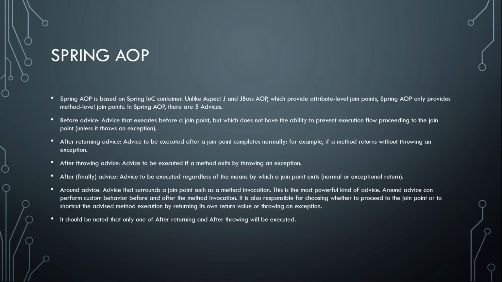It's also responsible for choosing whether to proceed to the join point or to shortcut the advice method execution by returning its own value or throwing an exception. It should be noted that only one of after returning and after throwing advice will be executed.